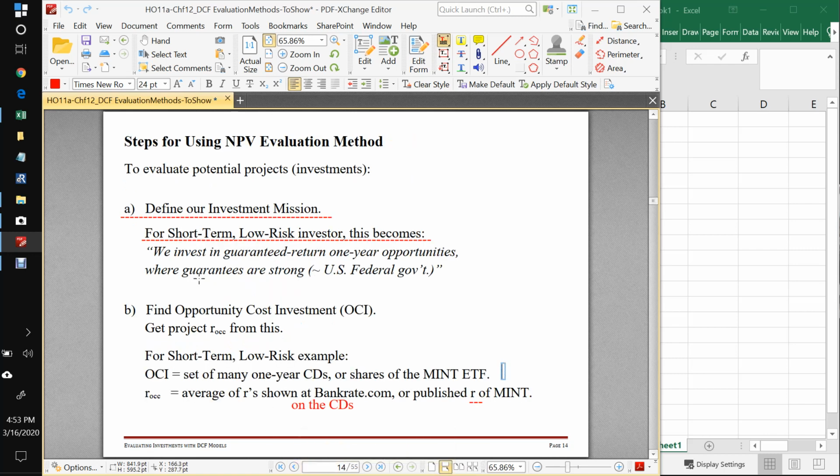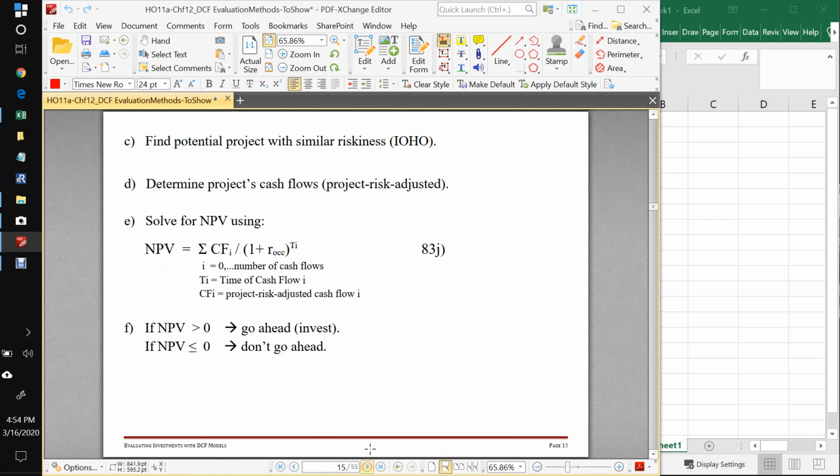So we know our mission, we've found our associated opportunity cost investment and our associated opportunity cost of capital. That's step 1 and step 2. And step 3 is now we go looking.